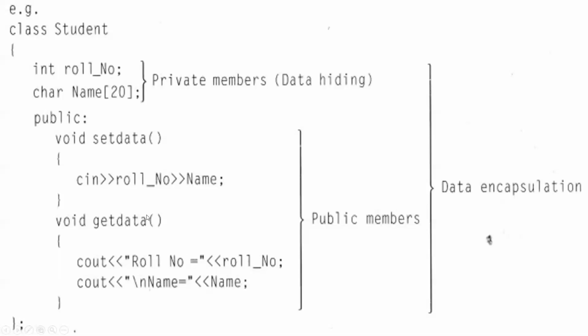This is the structure of the class. As I told you last time also, there is no main function here. The C++ program starts with main and ends with main.